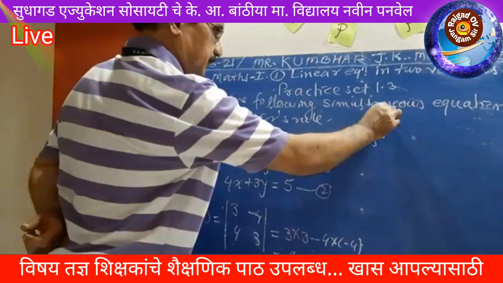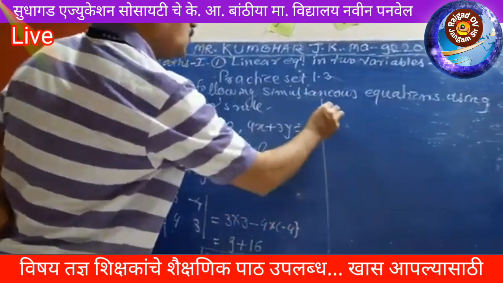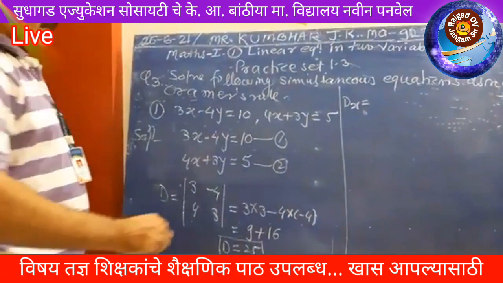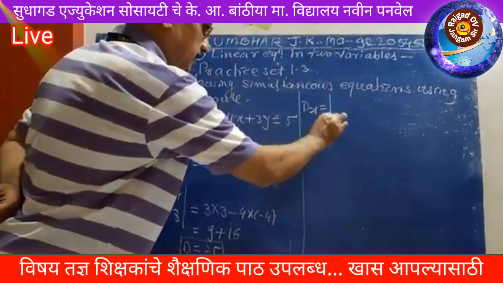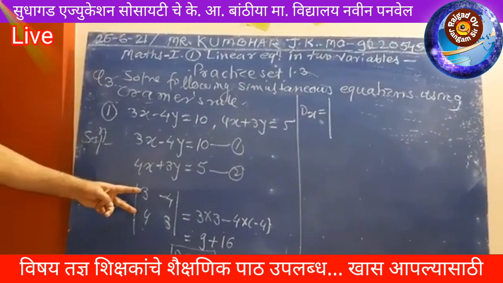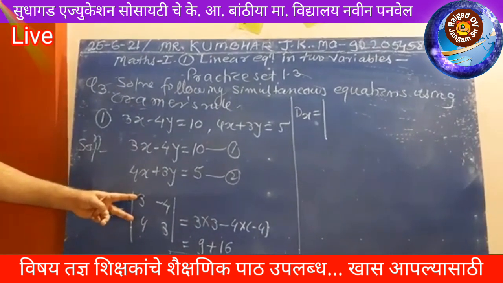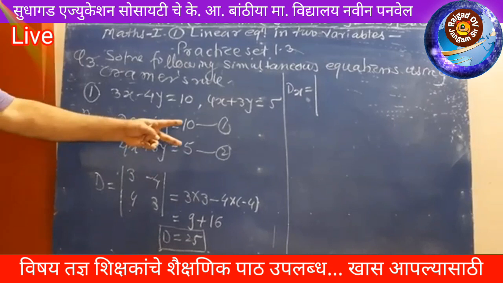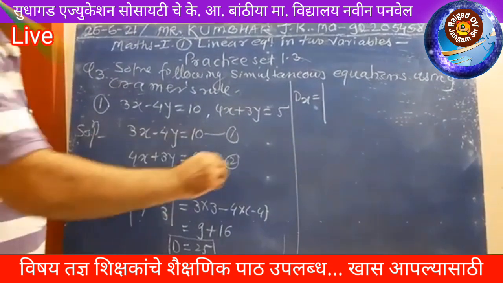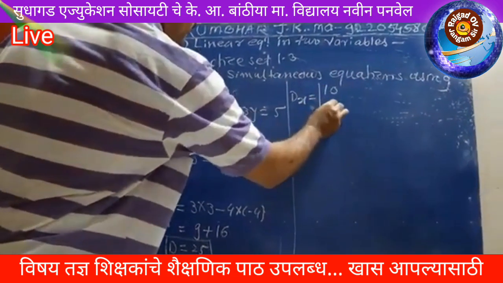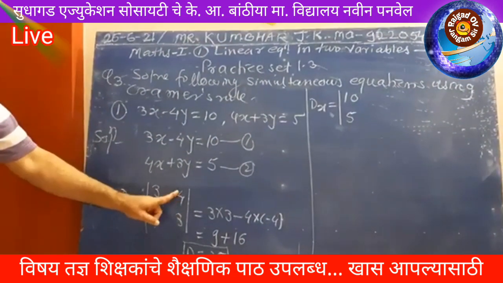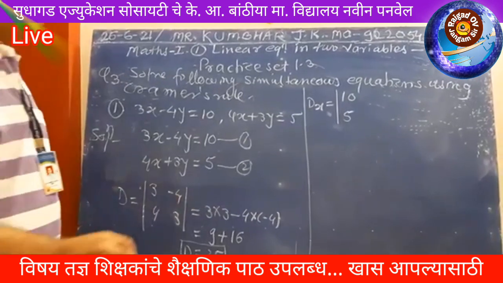Now what do we have to find? Dx. Again in the determinant for Dx, except these two, a1 and a2, replace these two numbers by the constants, or reserve players, 10 and 5. And these two numbers, b1, b2, as they are, minus 4, 3.